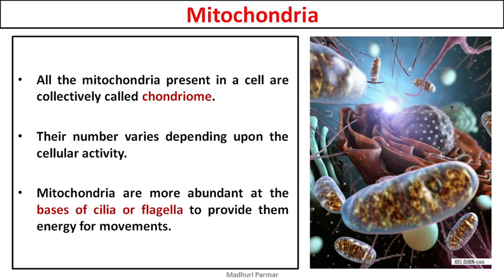They are more abundant at the bases of cilia or flagella in eukaryotes. At the places where the flagella or cilia begin, you will find an arrangement of mitochondria, because movement of cilia and flagella requires ATP, and this ATP has to come quickly. So the mitochondria are present there to provide them with energy.